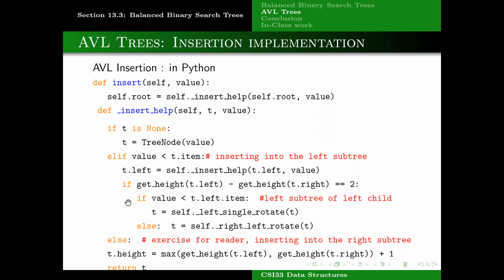Now, okay, if it happened that we are inserting the value into the right subtree, so in other words, our value is greater than the value of the node, then it means that we are stepping to the right subtree, right? Okay, so over here, what you would see is that the code is missing, right? We don't have the code for this case.